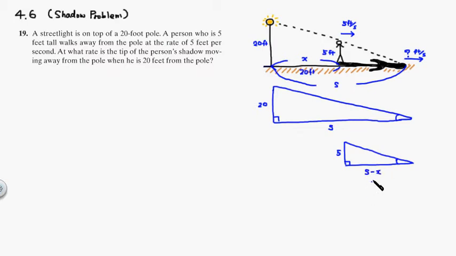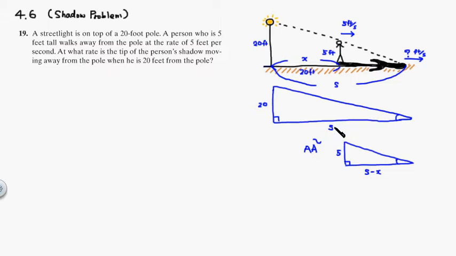We notice that these two triangles are different in size, but basically have the same shape. So these are actually similar triangles, since you have a 90-degree angle here, and these two angles are congruent. So by angle, we know that these two triangles are similar. By similar triangles, we can use the ratio.